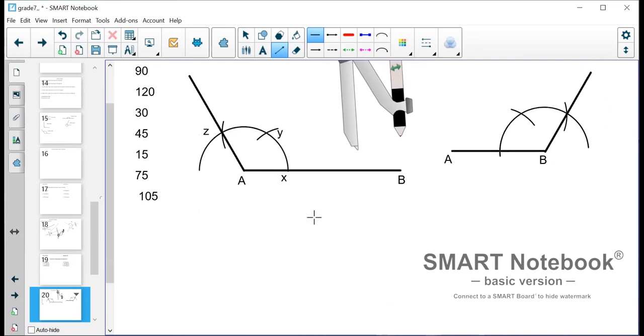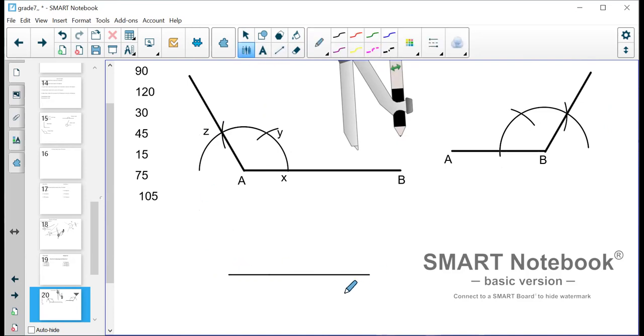It's very straightforward. If you want to draw 120 from any end of the line, you can simply mark your point, scribe your arc, then scribe 60 and 120, and draw a line through there.